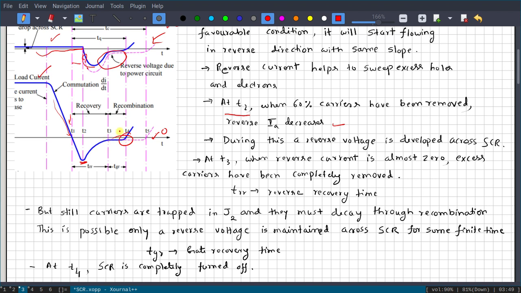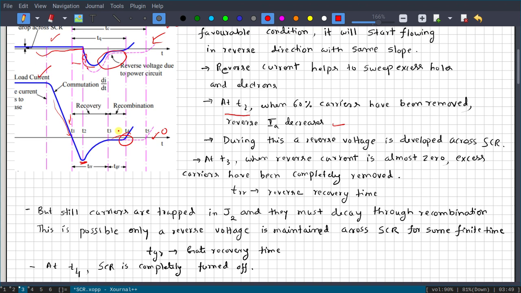See the comparison between diode and SCR. In the diode it was very simple. You apply reverse bias voltage, that's it, and the diode will be turned off. But in SCR you have to do three jobs. One is to bring IA below IH. Second, remove the excess charge carriers from J1 and J3. Last, the trapped charge in J2 has to be removed through recombination.